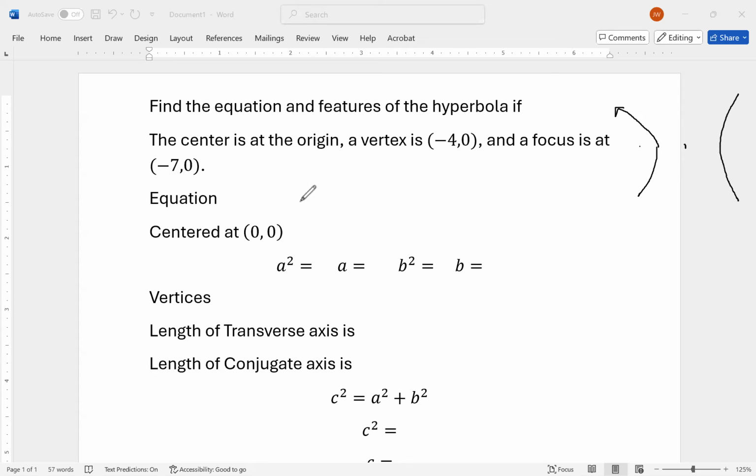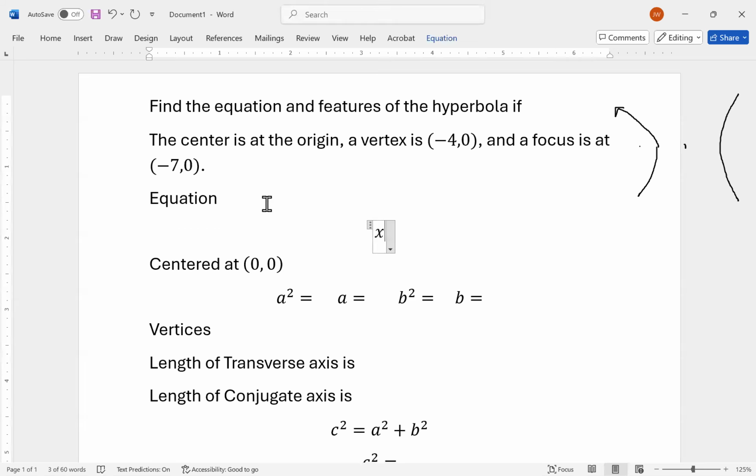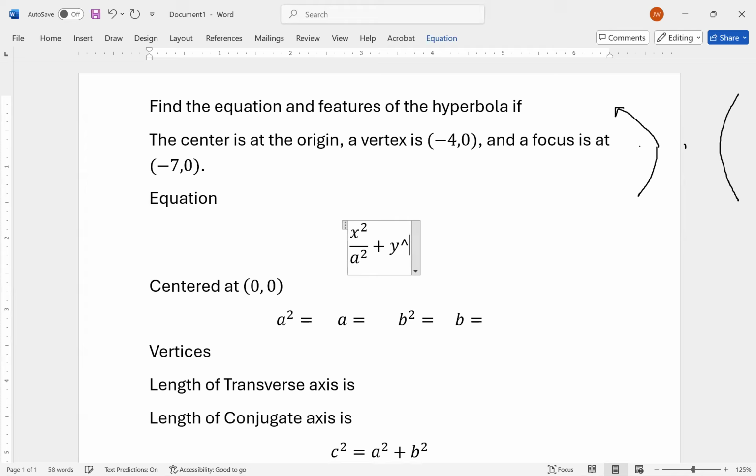So the equation of my hyperbola is going to have the form of x squared over a squared plus y squared over b squared. Excuse me, minus, did I say plus? Excuse me. Minus y squared over b squared is equal to 1.